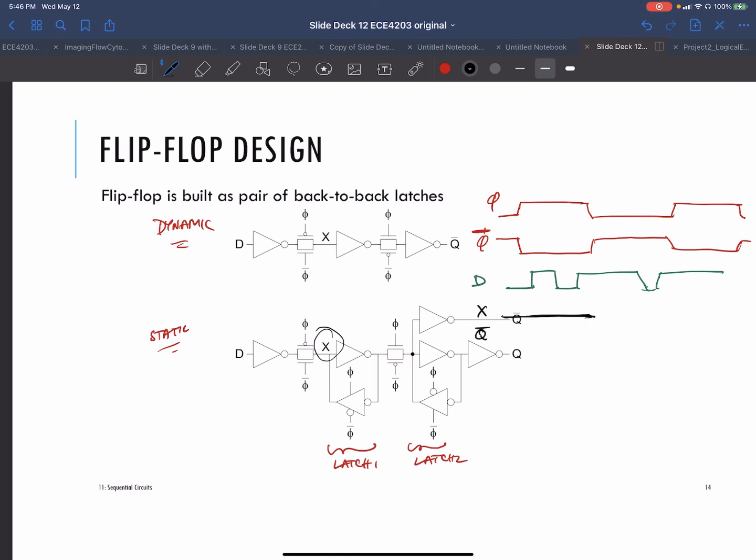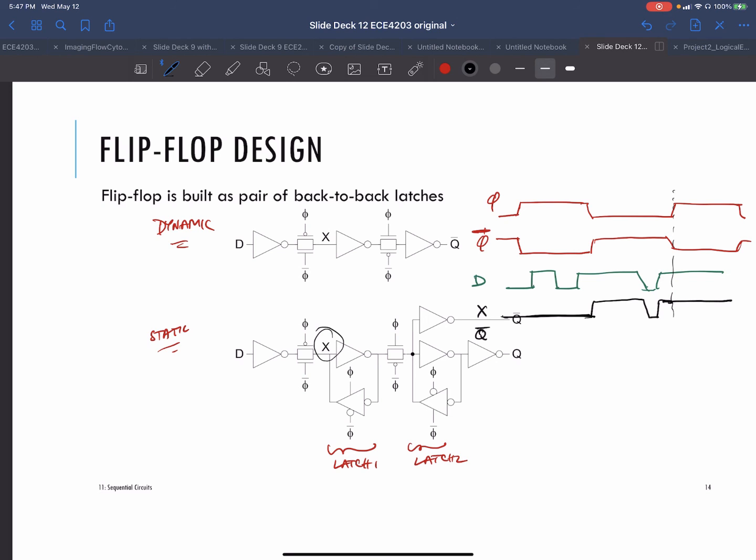And then when phi goes, the clock goes low, both of these guys turn on, and then X starts following D. So it'll go up here, and it'll go down, and it'll go up here. And as soon as the clock goes high again, X will just keep its value.